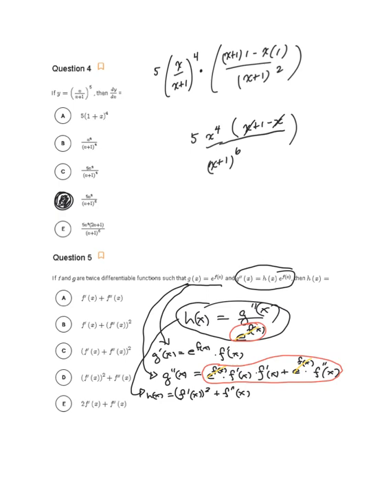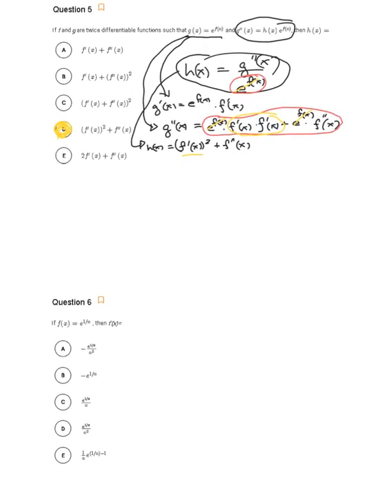And so that's why I was left with 2 of these, so that was squared, plus f double prime of x. Okay, so that is choice D. Definitely a strange question. Haven't quite ever seen another one of that kind, but that is what will happen, okay?